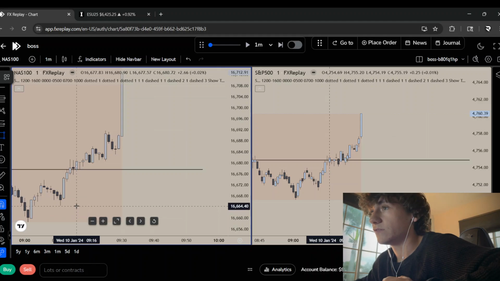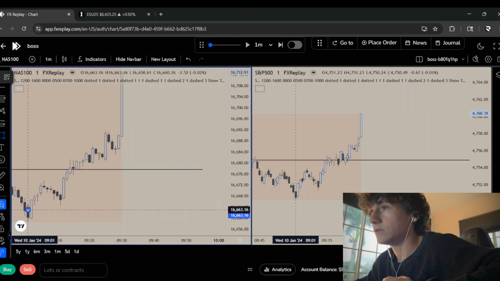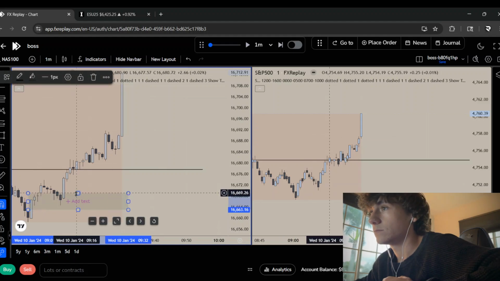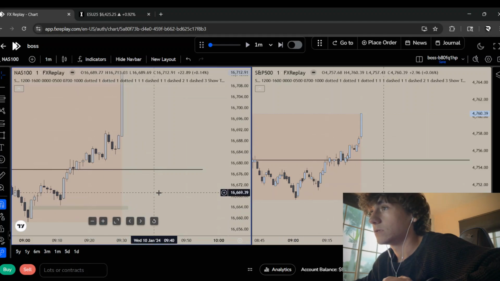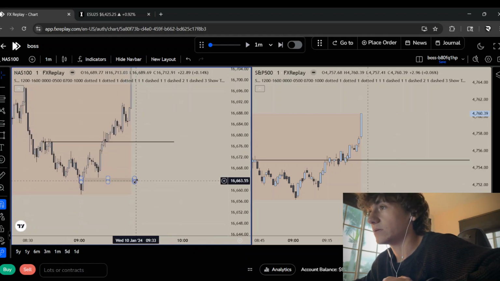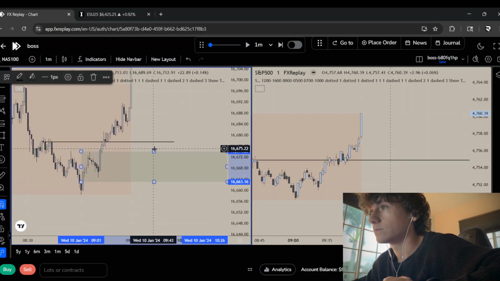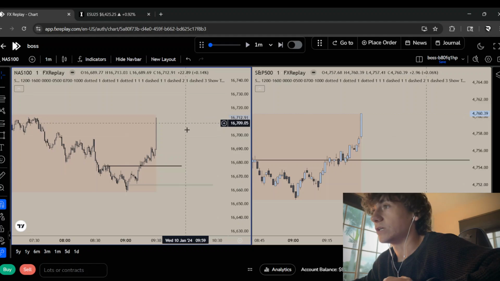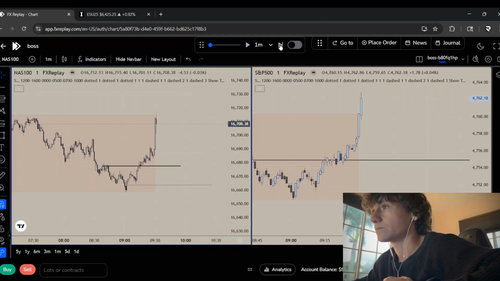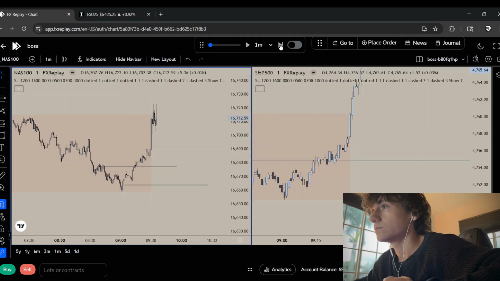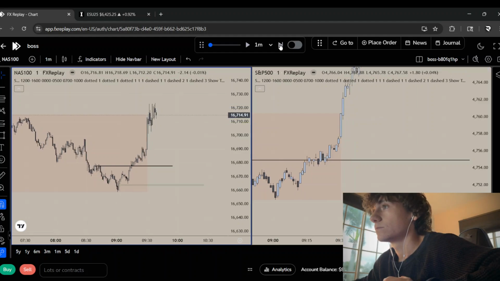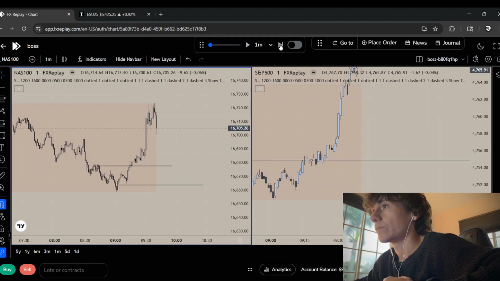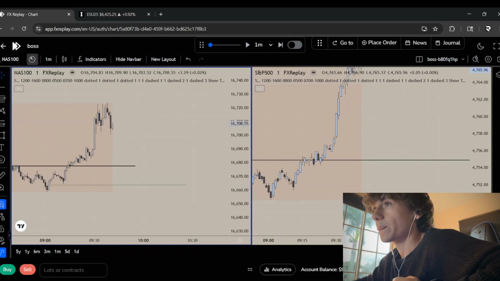We would want to see, did this gap get filled? No, we would have to see this gap get filled, which I doubt is going to happen. Check out pre-market highs.